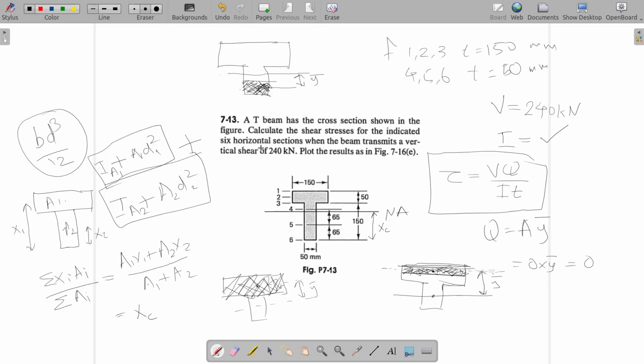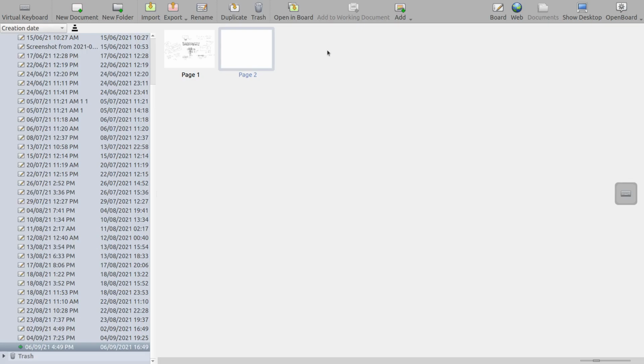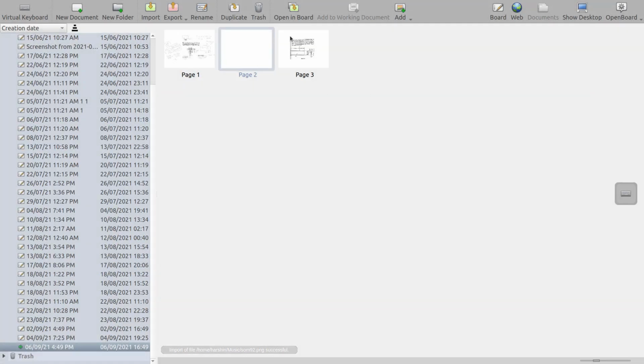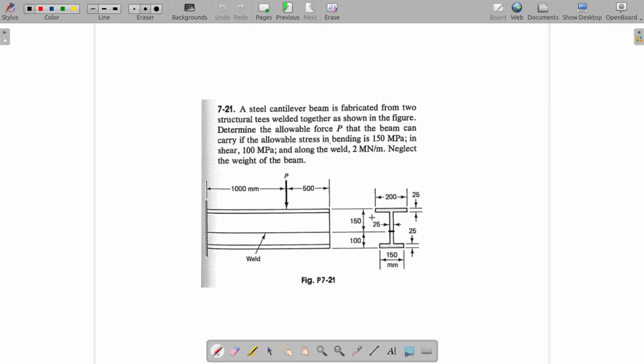Still, let's have a look at it. So you have a steel cantilever beam which is fabricated from two structural T's welded together as shown in the figure.